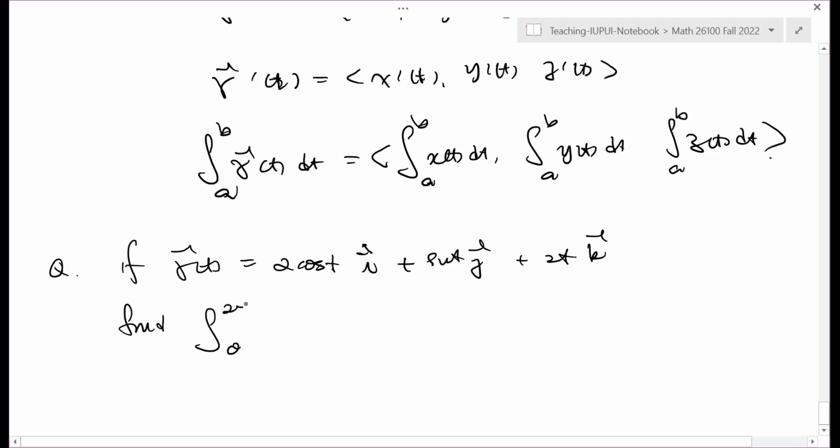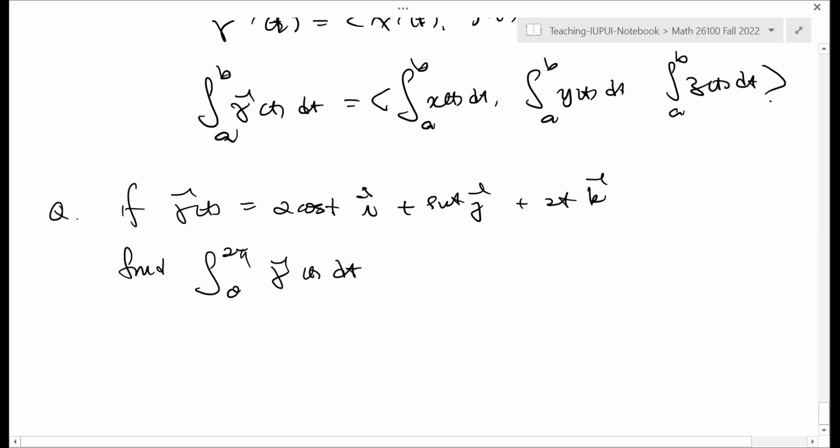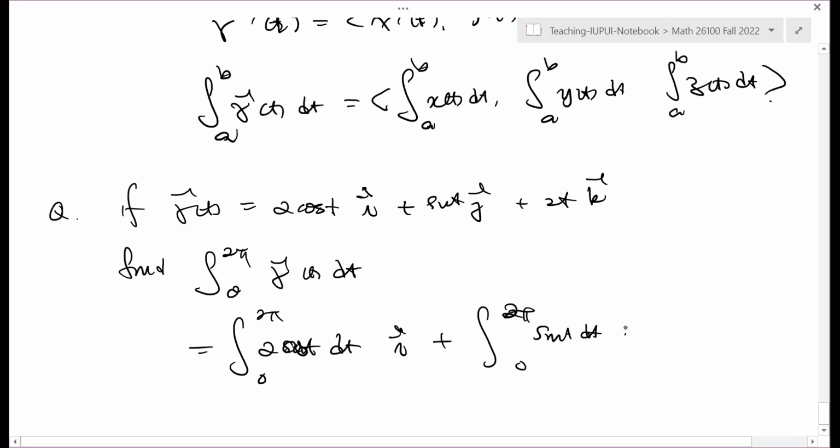Find the integral from 0 to 2 pi. That's going to be the integral of 2 cosine t dt from 0 to 2 pi in i, the integral from 0 to 2 pi of sine t dt in j, and the integral from 0 to 2 pi of 2t dt in k.